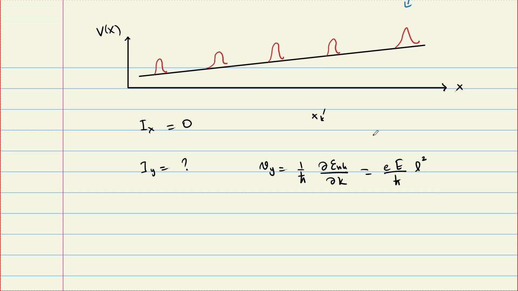And this thing is equal to eE over h bar. l squared is h bar over m omega, m eB over mc. Cancel m's, cancel e's, cancel h bar. This Vy also comes out to be c times E over B. This is also telling you that there's like a current in that direction.